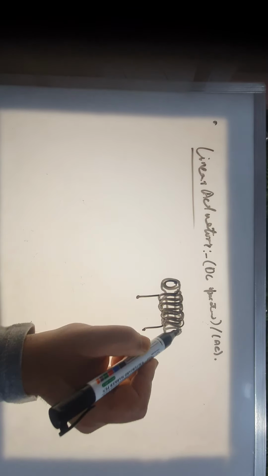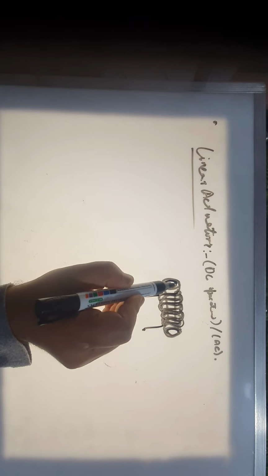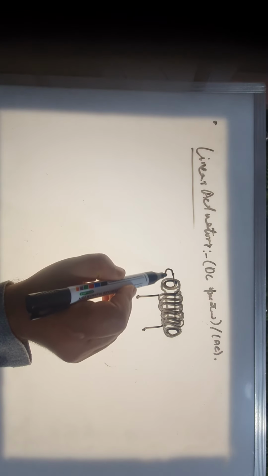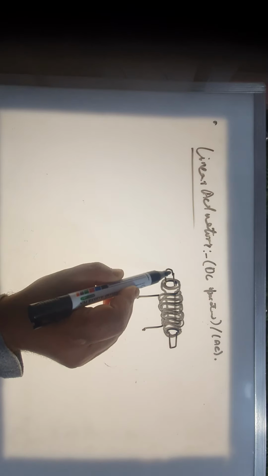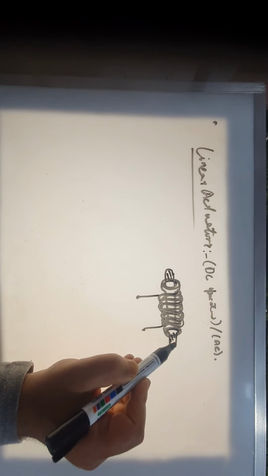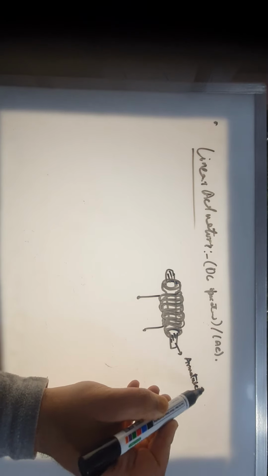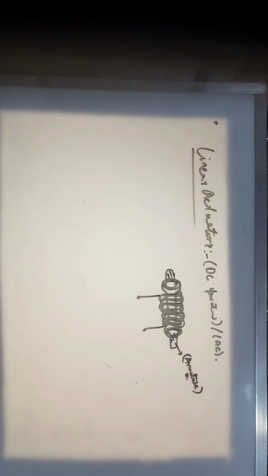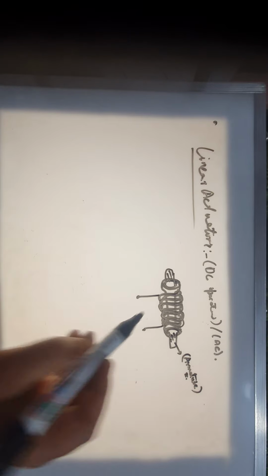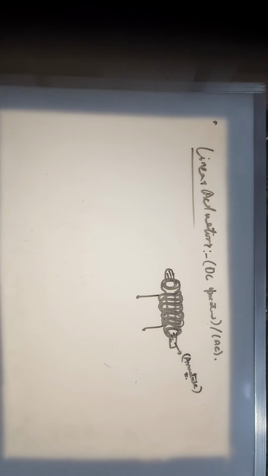So inside this slot is housed a ferromagnetic material, normally called in solenoids as armature. You may get confused that armature is normally used for the insulated wire that we use. But here in solenoids, armature is the device that actually plunges in and out.